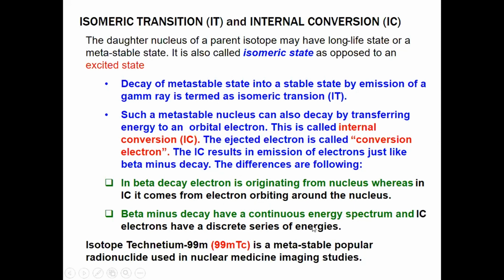Beta minus decay shows a continuous energy spectrum, and IC electrons have a discrete energy spectrum. The famous technetium-99m, the metastable state, is a popular radionuclide used as a nuclear medicine imaging isotope.